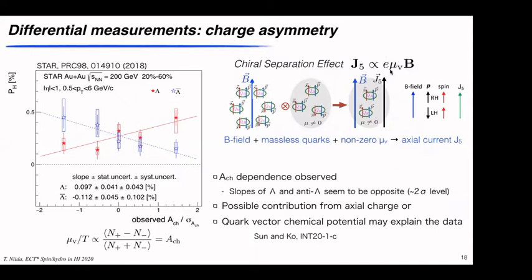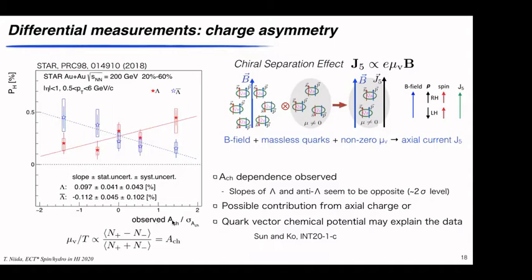And if we can probe or select this event-by-event fluctuation of the vector chemical potential, then of course the axial current means that there is a spin polarization effect. So if we can select this current or vector chemical potential, then we may have an additional contribution to the polarization from this effect.